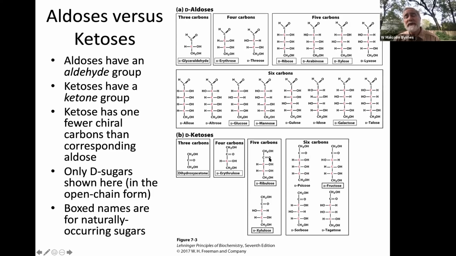And then we have ketopentoses, D-ribulose, D-xylulose, and then in terms of the ketohexoses, D-fructose. This D-ribulose and D-xylulose and D-ribose, we will see again when we consider what's called the pentose phosphate pathway later in the course. Are there any questions so far?